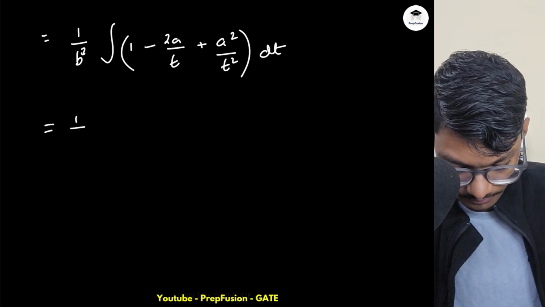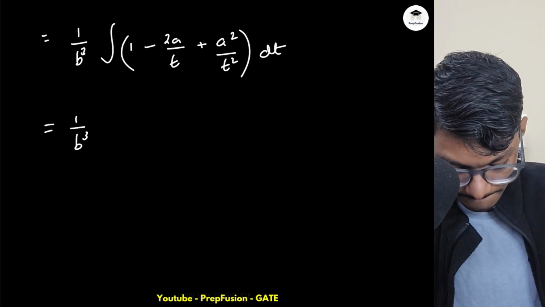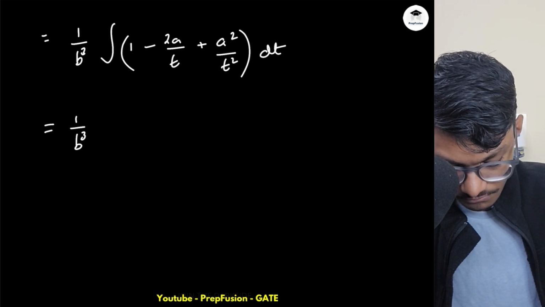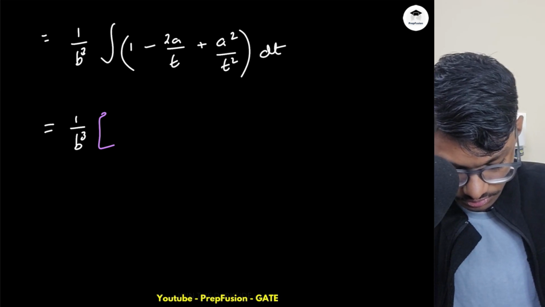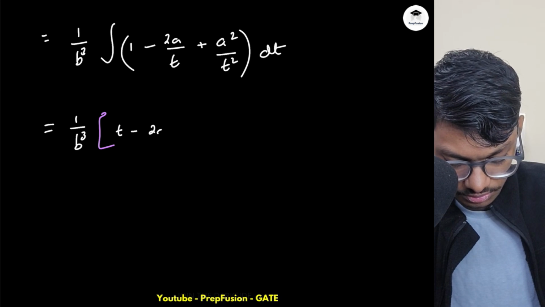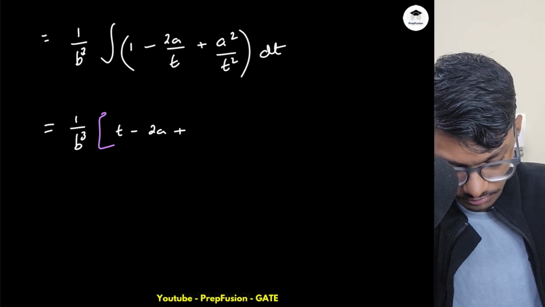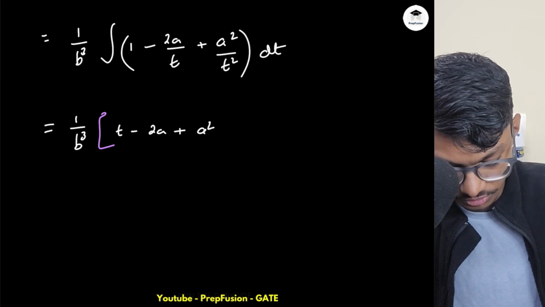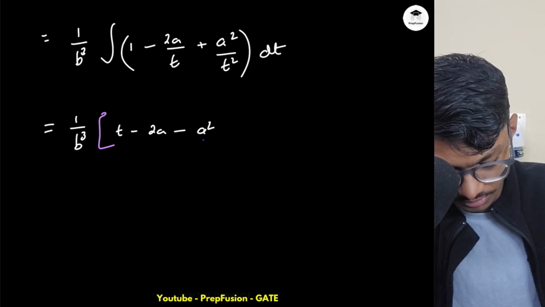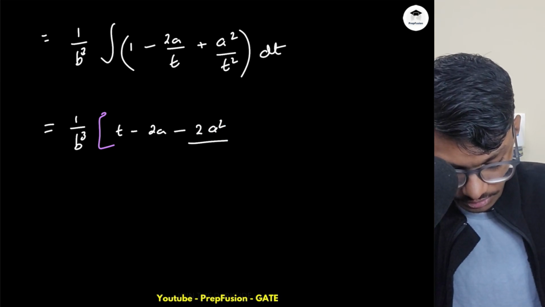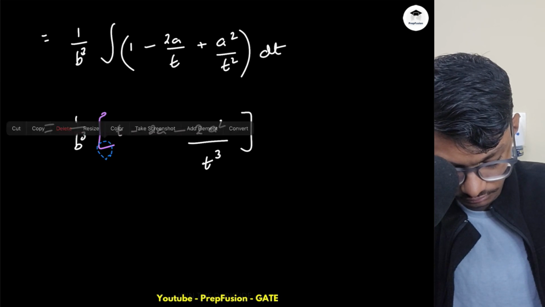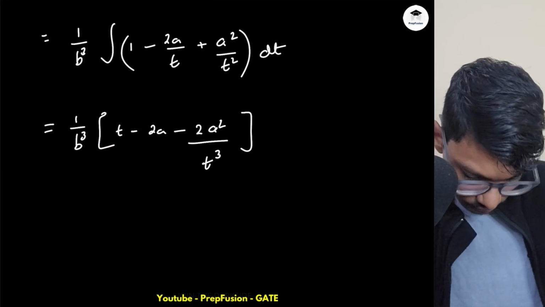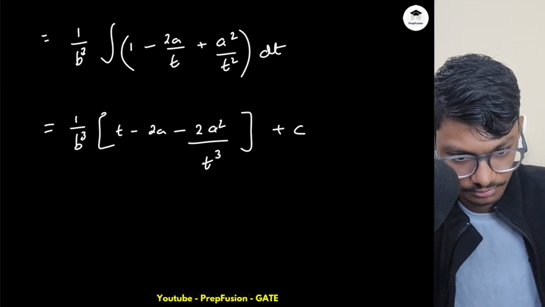One by b cube, integration of t minus 2a plus a square. Oh, this will be minus also, because there will be minus 2 getting multiplied by t cube plus c.